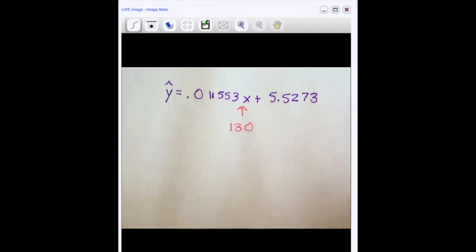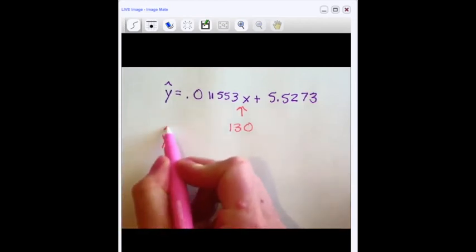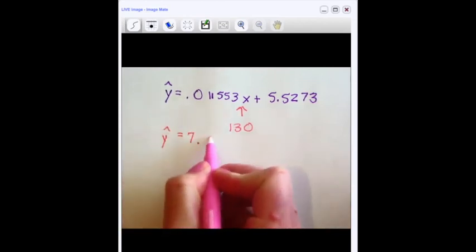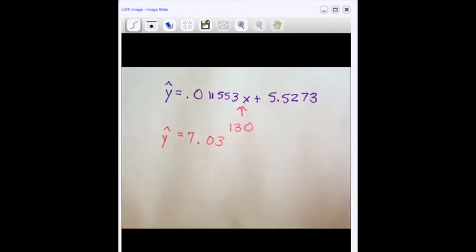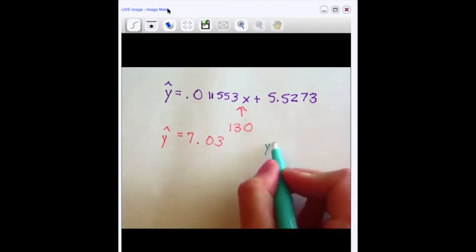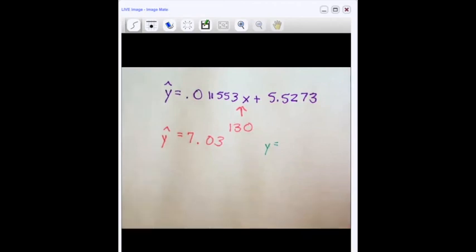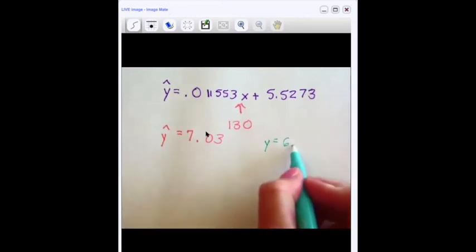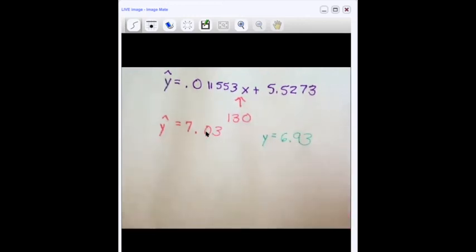And when I type that in, I end up with a prediction of 7.03. We'll round to the nearest hundredth. That's my prediction. If we go back and look at that table of information that we had, the actual Y value for 130 was 6.93. So we have an actual and a predicted value.